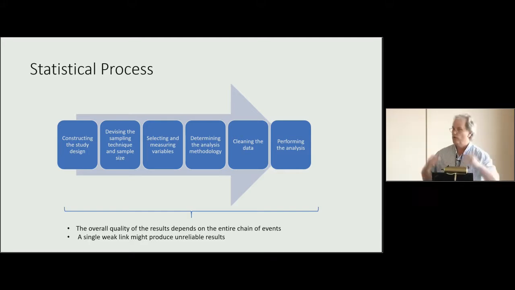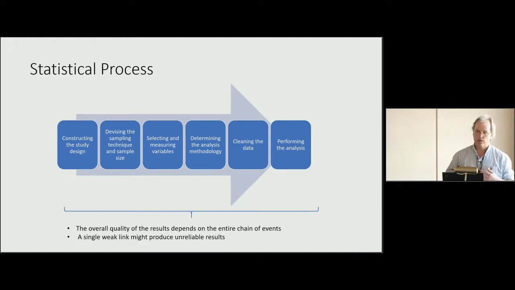When you're reading an article, there's this whole process that the authors went through to collect the data, to analyze the data, and to interpret those results. Anything that goes wrong in that chain can lead to unreliable results. We can misinterpret results. We can then have false claims.